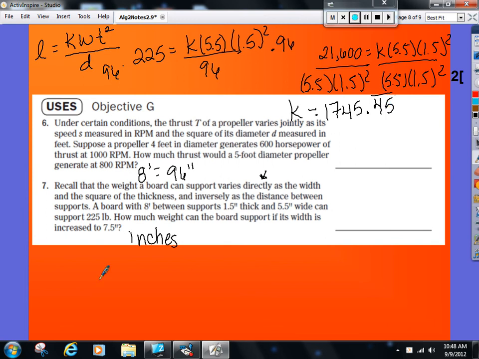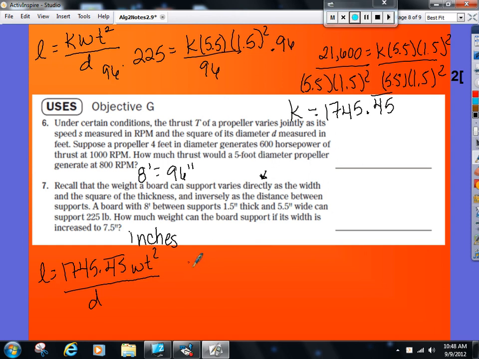Okay, so now I'm going back to my problem. L equals 1745.45 repeating times W T squared over D. How much weight can the board support if its width is increased to 7.5? So everything else is going to stay the same.